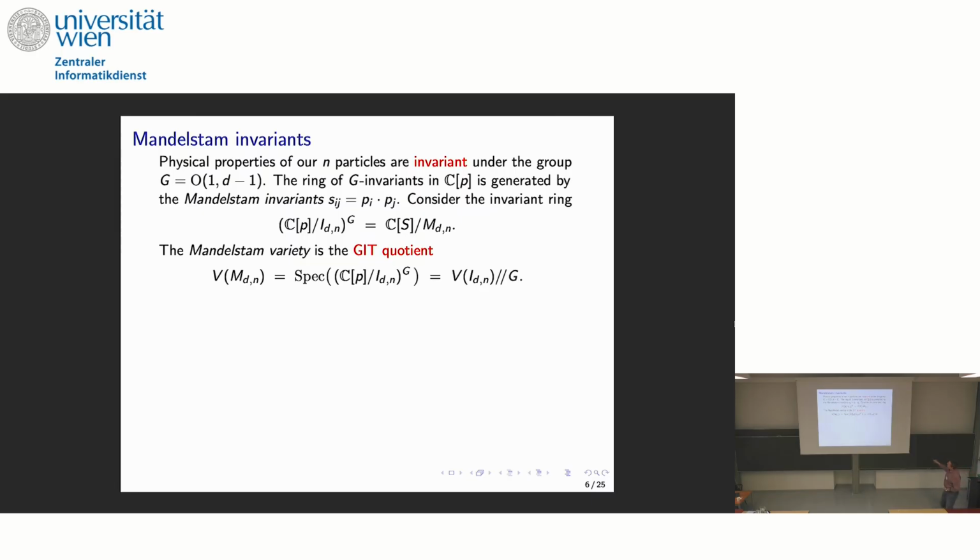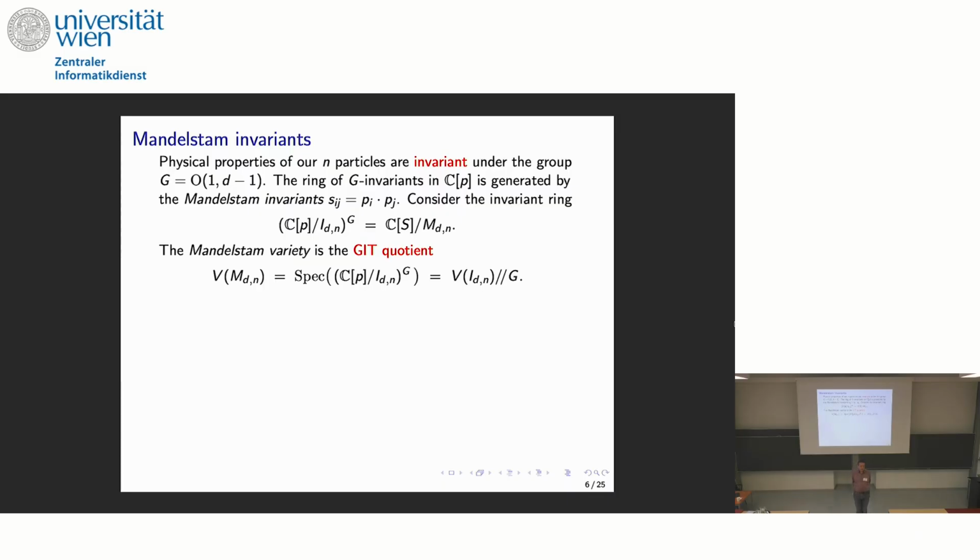MDN is the ideal. So MDN is whatever relations the Sij satisfy. Now notice that Sii is 0. That's clear, right? Because Pi dot Pi is 0. That's stipulated by this ideal. So we have n choose 2 of these Sijs.